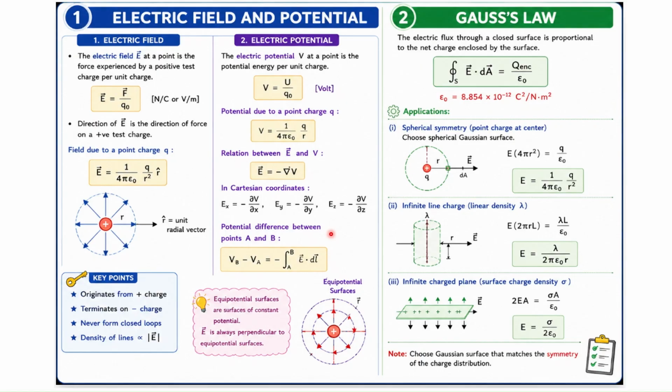If we want to find the potential difference between two points, let's say A and B, we simply integrate the electric field along the path between these points. That is why you have this relation.